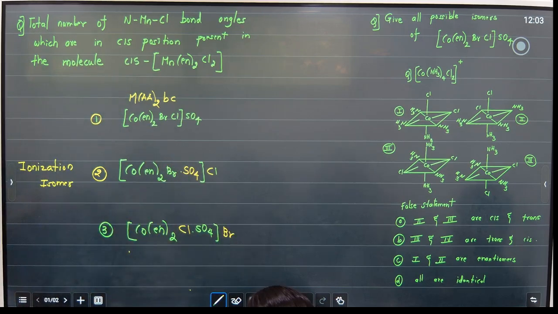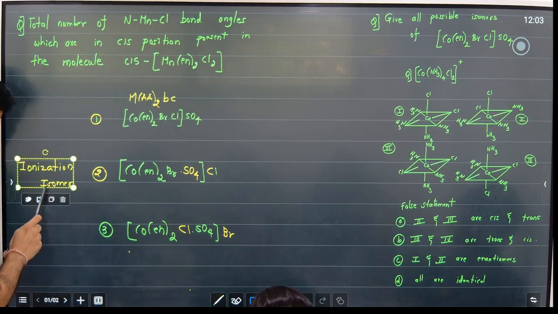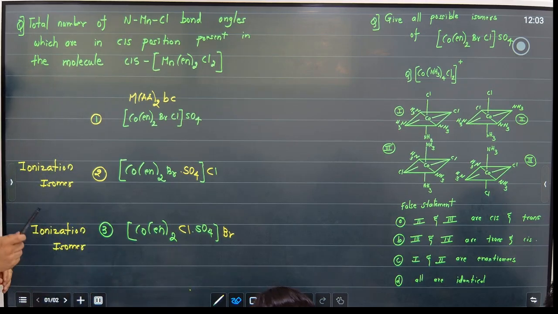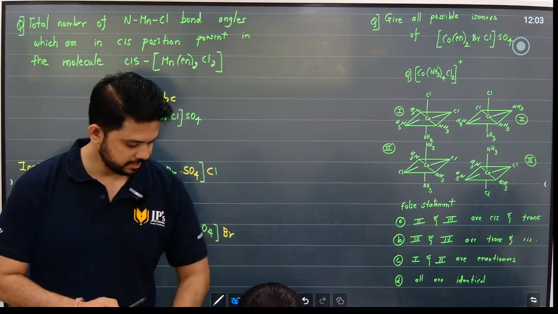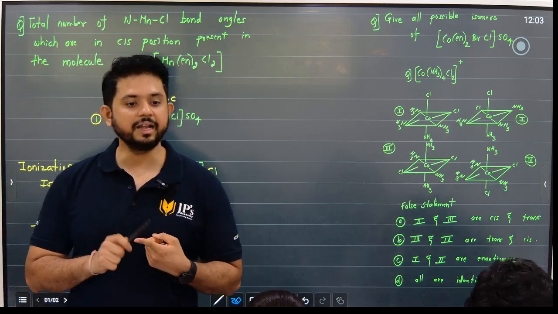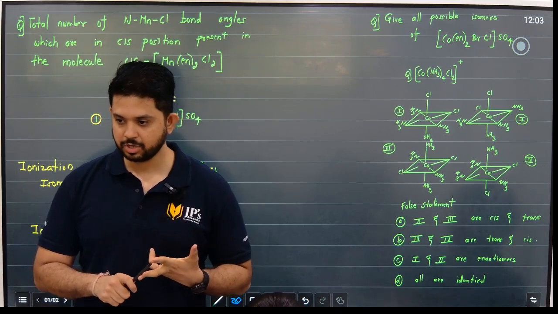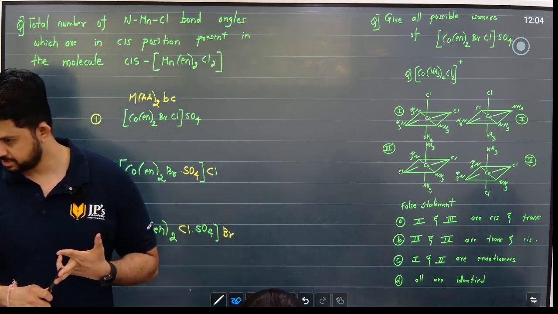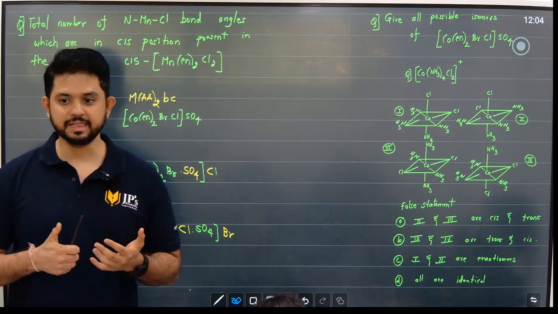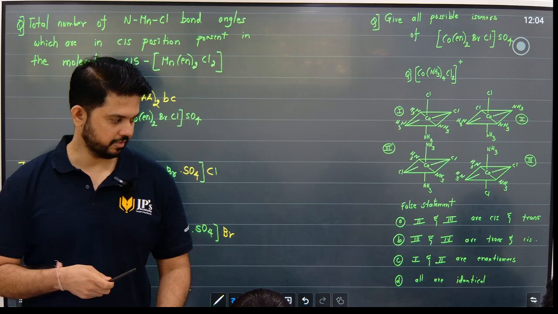Can we have any other structural isomer out of these? How many structural isomers did we study? We started with ionization, hydrate or solvate, linkage, coordination, polynuclear coordination, and then ligand. Yes or no? Very nice.